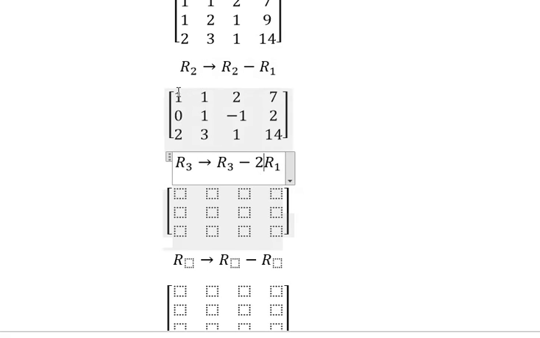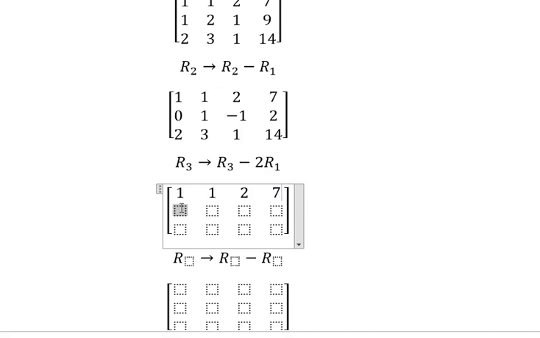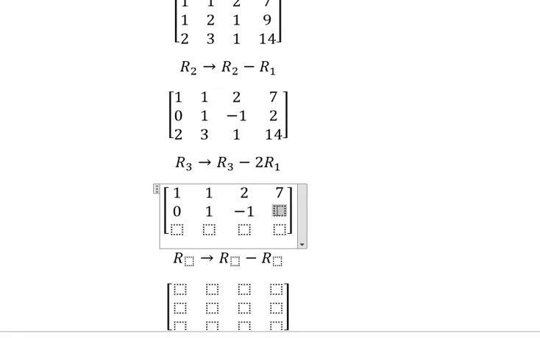So 2 minus 2 times 1 is going to be 0, which is as I want it. So top row stays the same, next row stays the same, and row 3 becomes row 3 minus 2 lots of row 1.